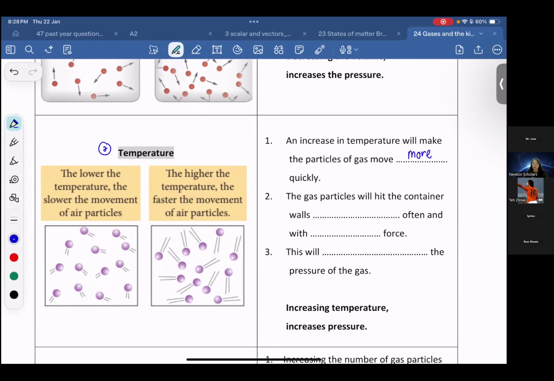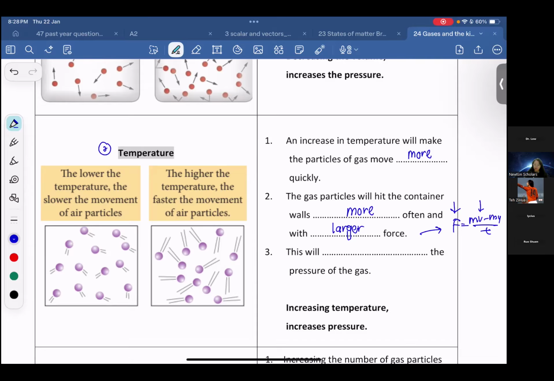The gas particles will hit the wall more often and with a larger force. Why larger force? Because they increase their speed, right? Just now we said the force is F equals to mv minus mu over t. They have increased their speed already, so their force will be greater.